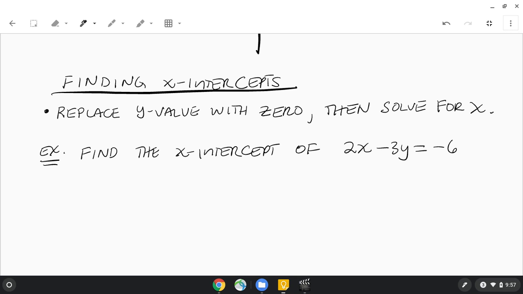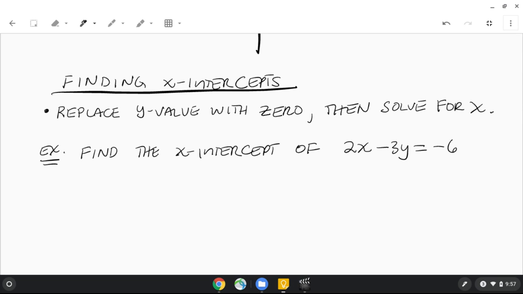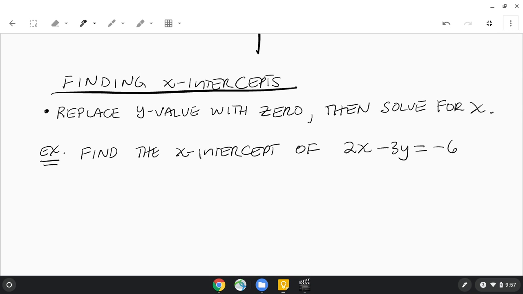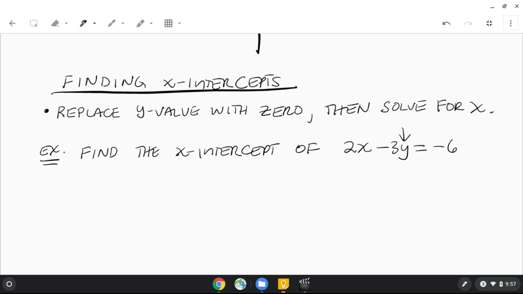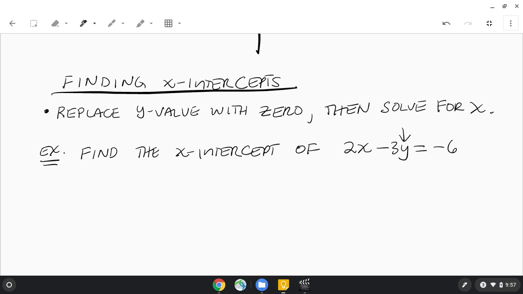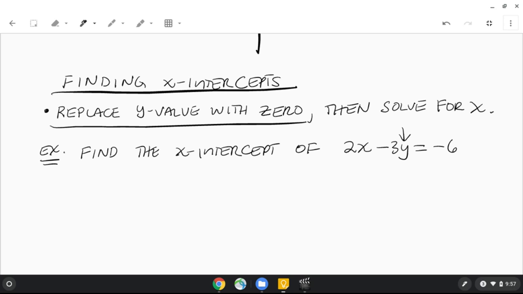I have an x and a y in this equation. So if I want to find the x-intercept, I will be solving for x. So I will replace the y value, that's this one right over here, with 0, because it says right here, replace the y value with 0.